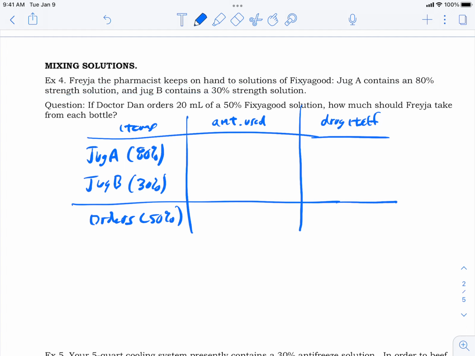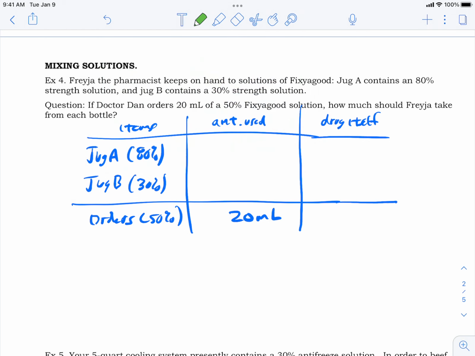Dr. Dan orders 20 milliliters. Oh, okay, now we got a number. 20 milliliters of a 50% solution. Yep, I got that here. So how much from each bottle? Okay, cool. So that's what we know. That's what they told us directly.